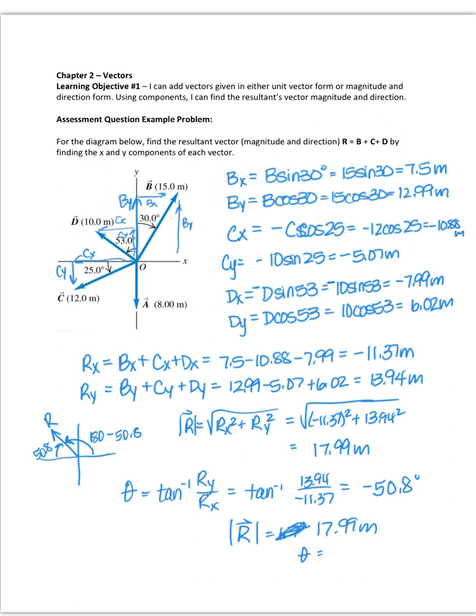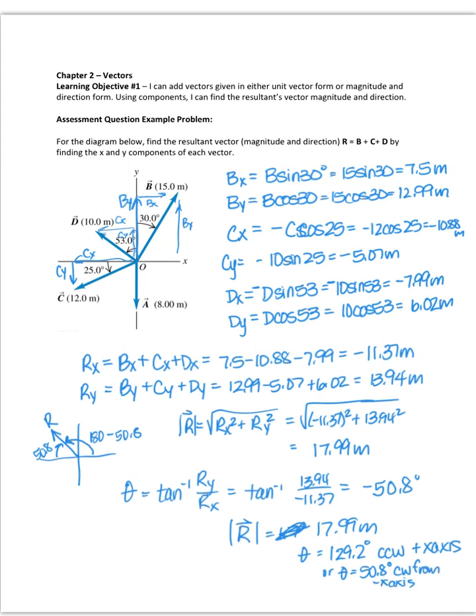Theta is 129.2 degrees measured counterclockwise from the positive x-axis. Or I could say theta was 50.8 degrees clockwise from the negative x-axis.